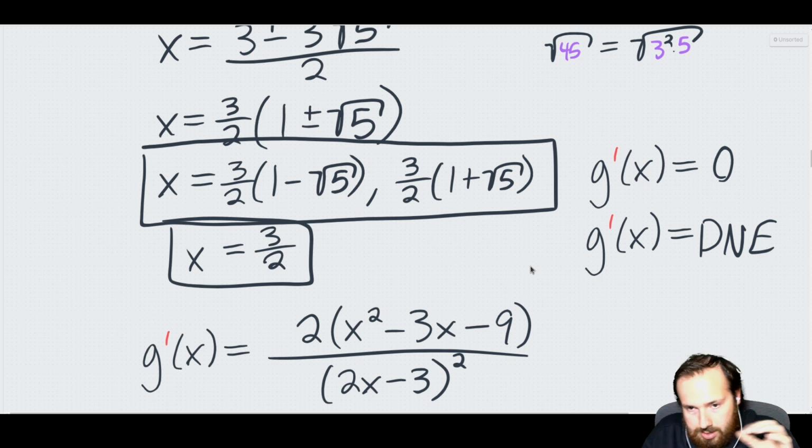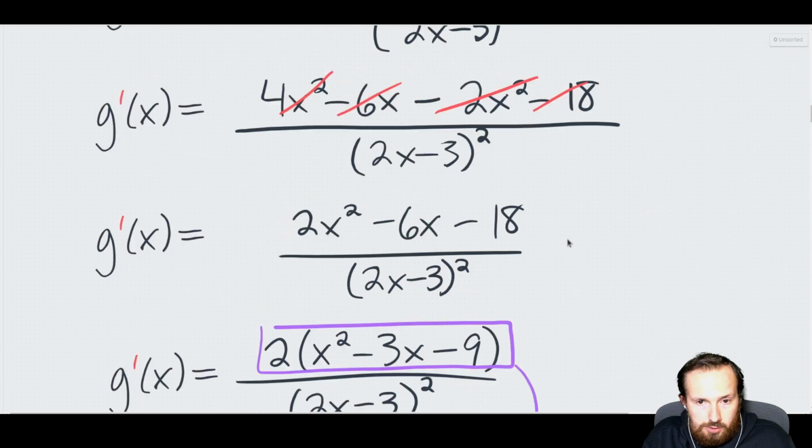Now there's even an extra layer of complexity here that has to do with the nuance of the definitions. So let me just refresh. The official definition of a critical point or a critical number is any x value that is within the domain of the original function where the first derivative is 0 or does not exist. That in the domain of the original function is an important piece of it. Remember what the original function was here.